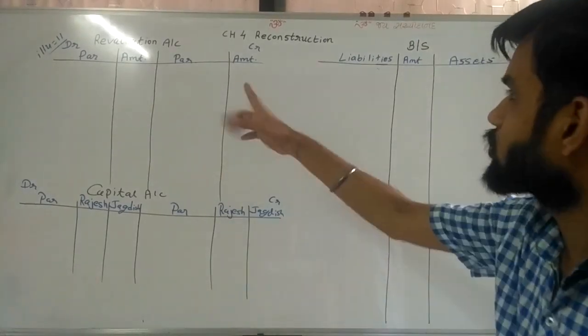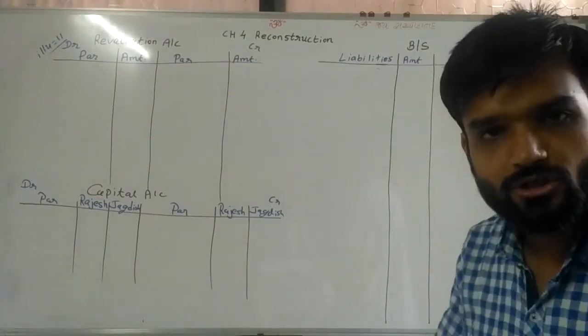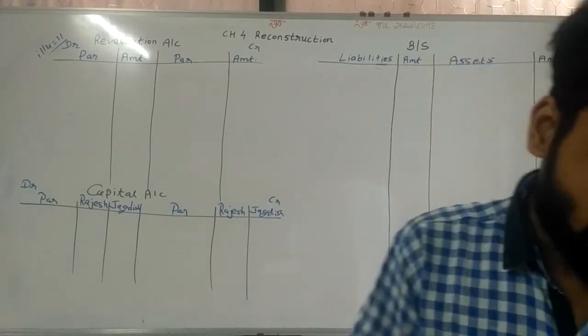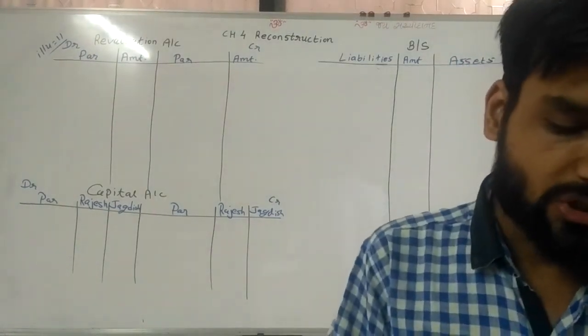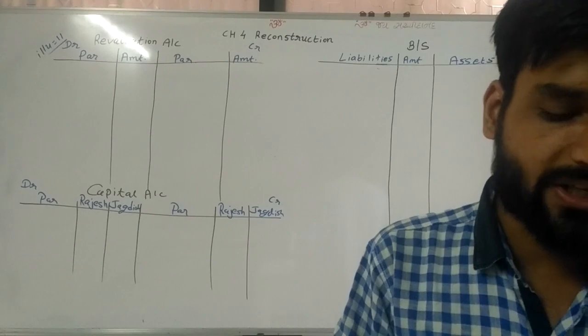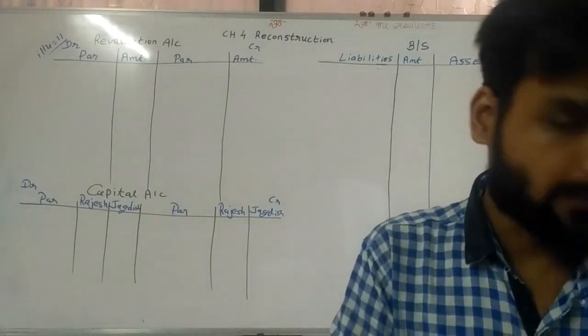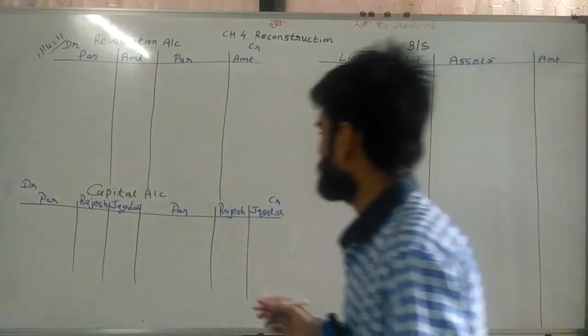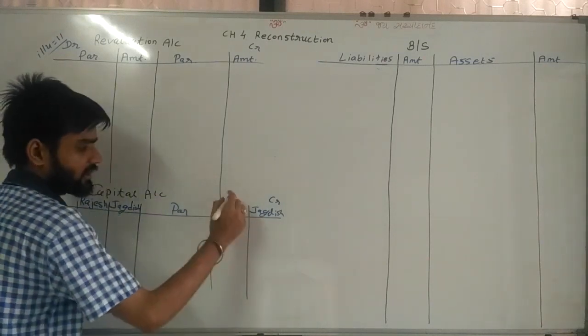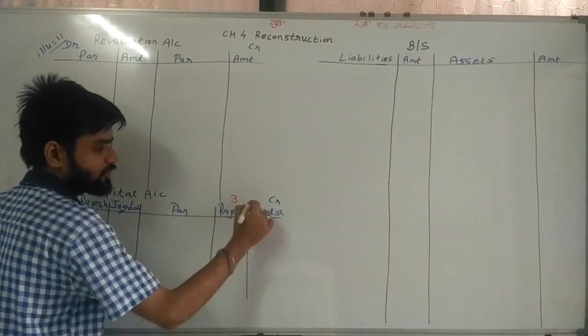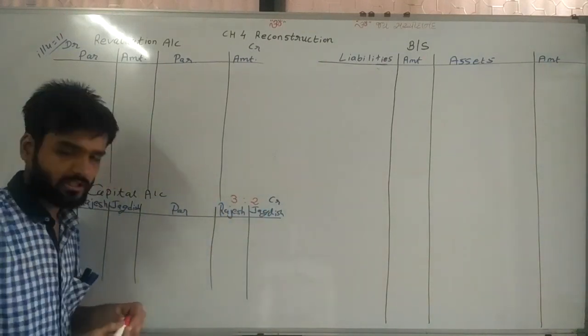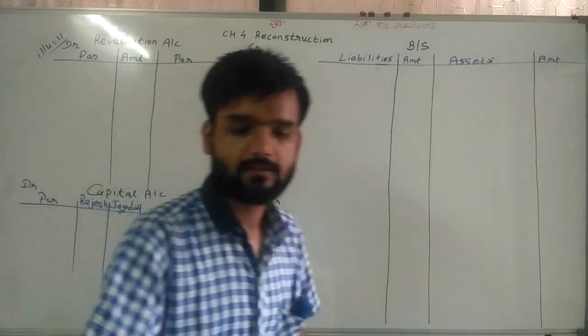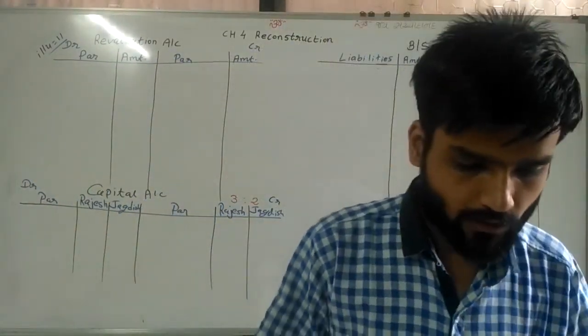We need to prepare the revaluation account and balance sheet. Rajesh and Jagdish are partners sharing profit and loss in the ratio of 3:2. It means first of all write down Rajesh, Jagdish, their profit sharing ratio is 3:2. So this is the fixed profit sharing ratio.